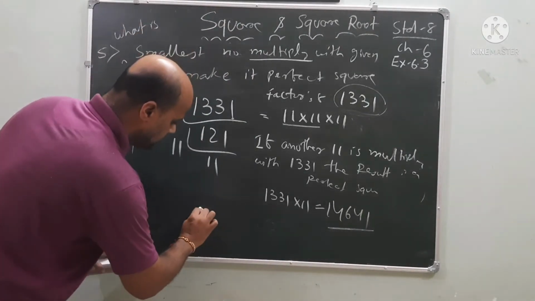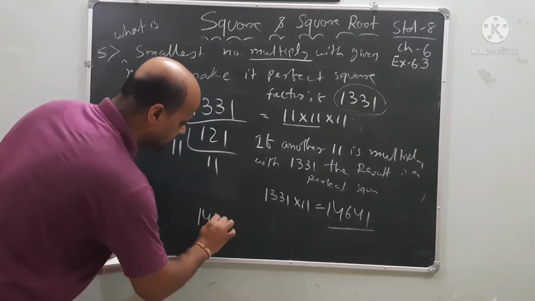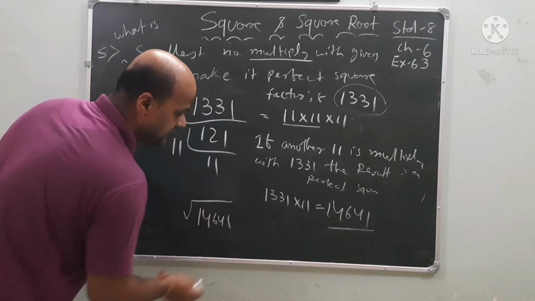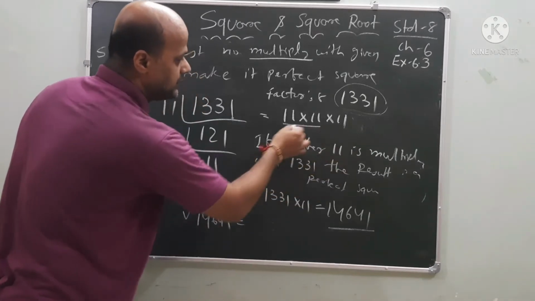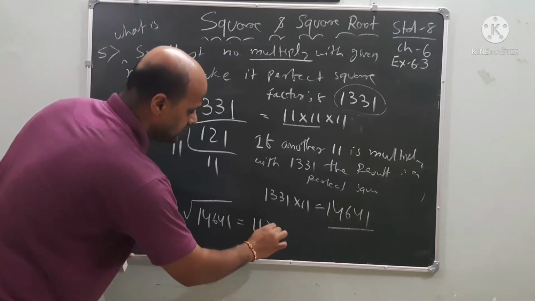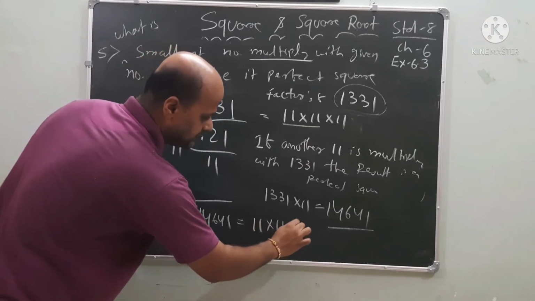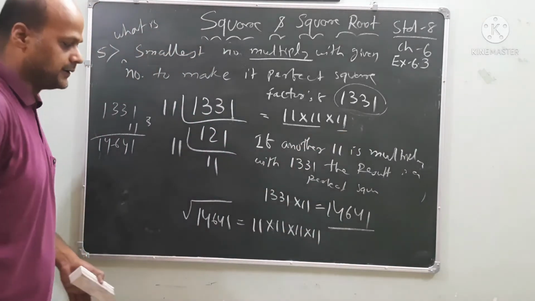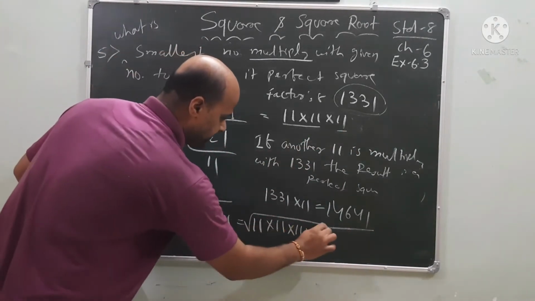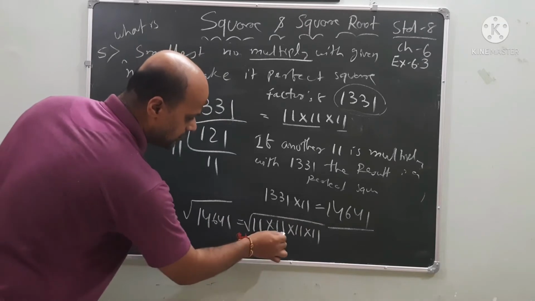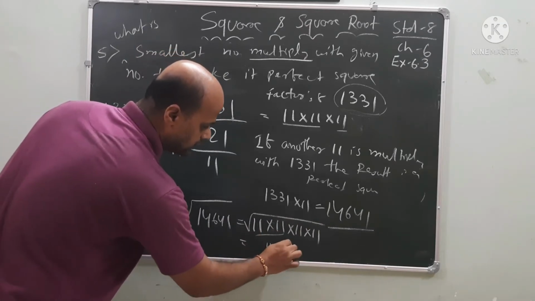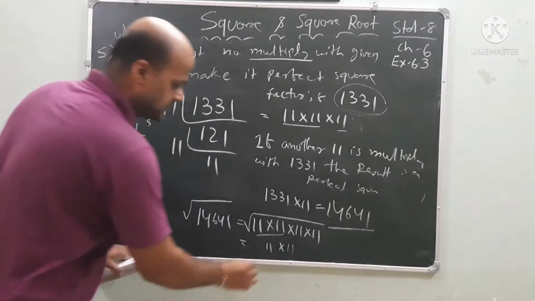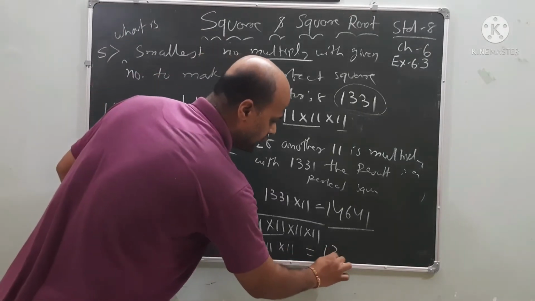So this is 14641. What is the square root of 14641? Write the multiplication. 11 into 11 means 4 11s will be multiplied here. So the result is how much? Out of 2 11s, 1 11, out of 2 11s, 1 11, means 11 11s are 121.